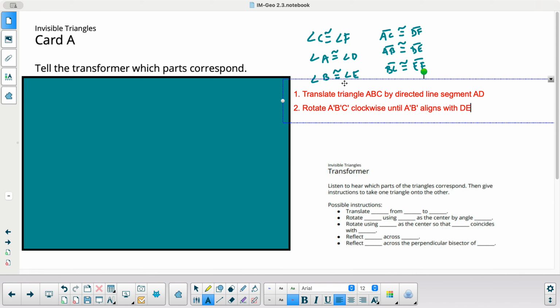Okay, because we know A is going to stay fixed because we lined A up with D. And then AB and DE correspond, or you can look over here, AB and DE. And then the final thing that we're going to do is reflect A double prime, B double prime, C double prime across DE, where we got it to line up, okay? And then these are all if necessary.